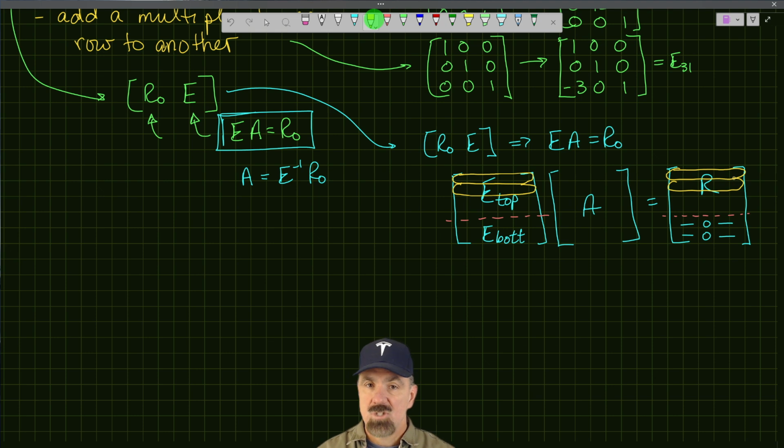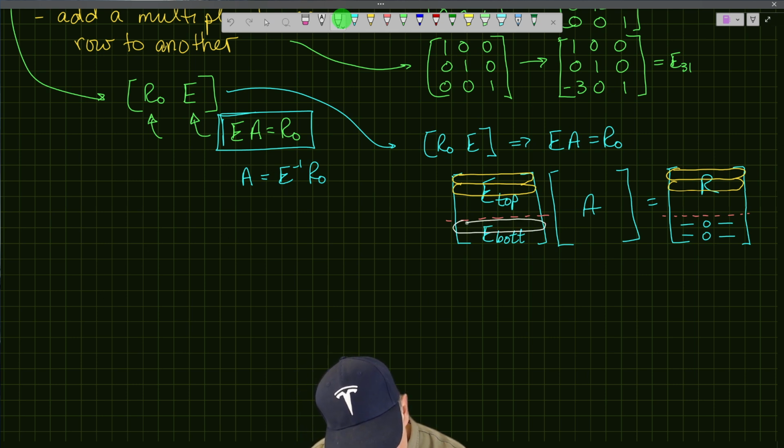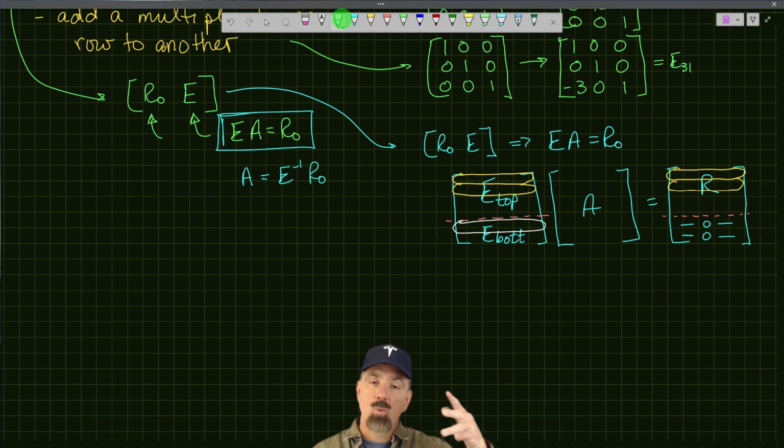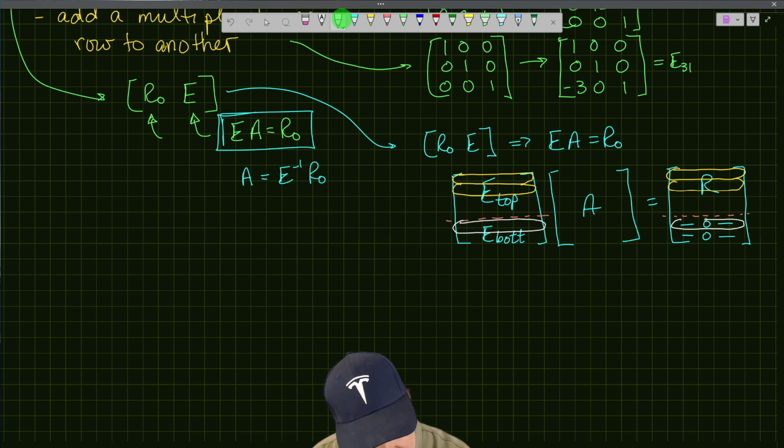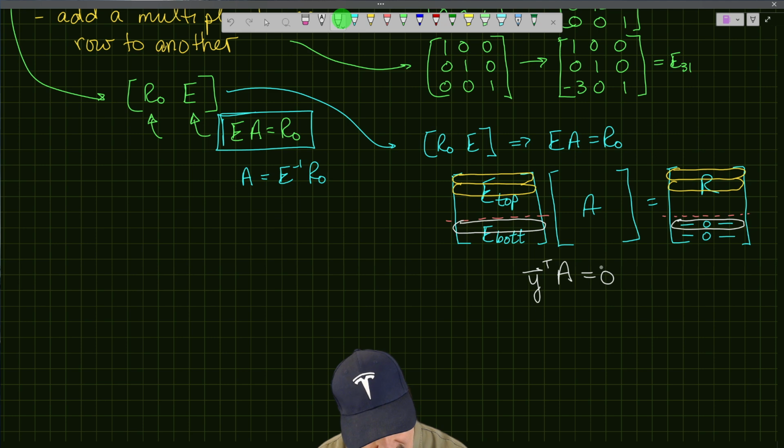And now maybe some of you see it. What that means is when I come down here and grab this row and sweep through A, what I find is equal to 0. I have found some vector, which is a row out of the elimination matrix, such that when I multiply it by A on the left-hand side, I find a vector that's in the left null space.